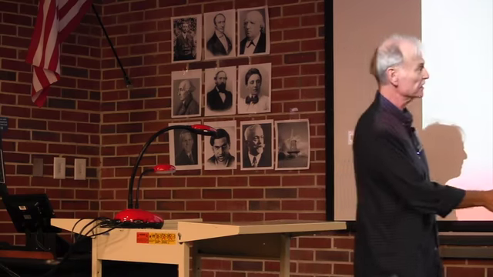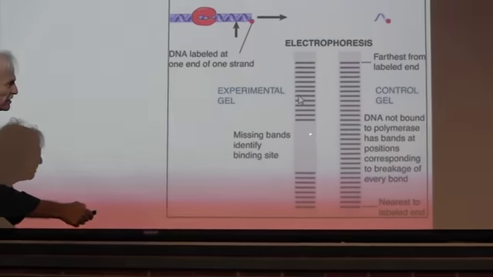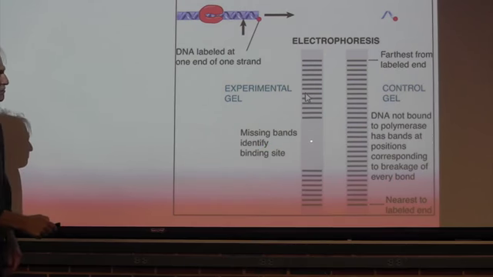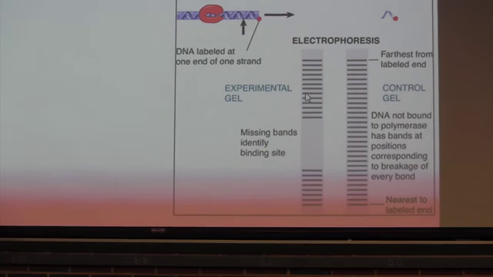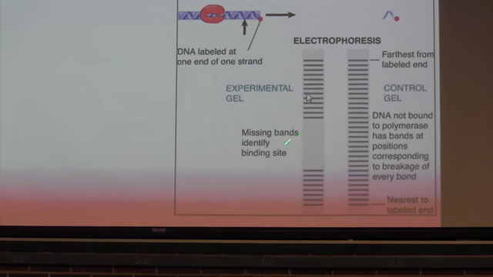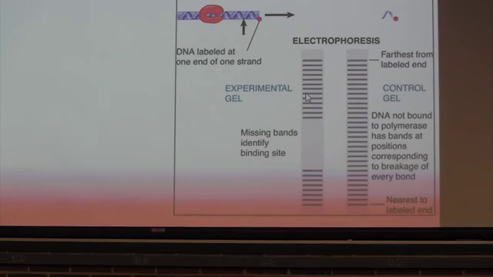And so when you run a gel, there'll be one region that doesn't have any bands. It's as if somebody stepped in the middle of your gel and left a footprint. Where there's no bands, that means this area was protected by something in your reaction. And since you added a protein, it's protected by the specific binding of your protein right here and not some other place. That's a DNase I footprint.